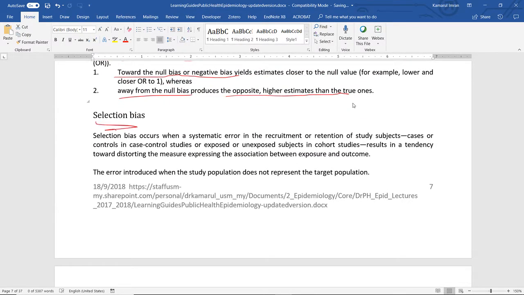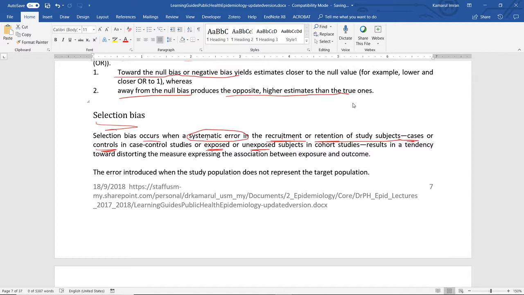Okay, selection bias occurs when systematic error in the recruitment or retention of study subjects, okay, wrong selections of people, systematically and wrongly classify participant, patients, subjects, cases, controls, okay, exposed, non-exposed, okay.